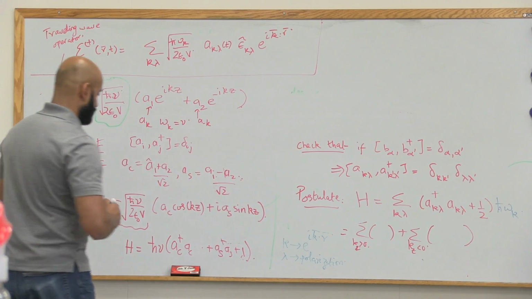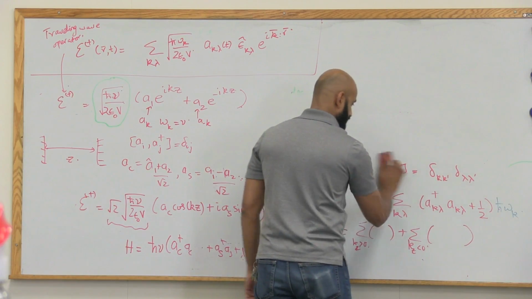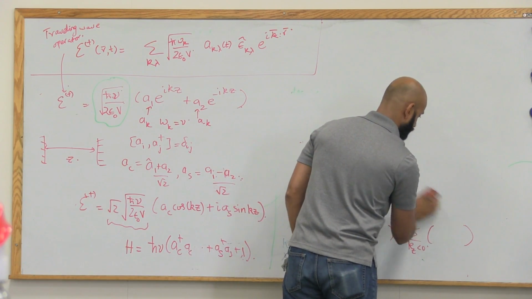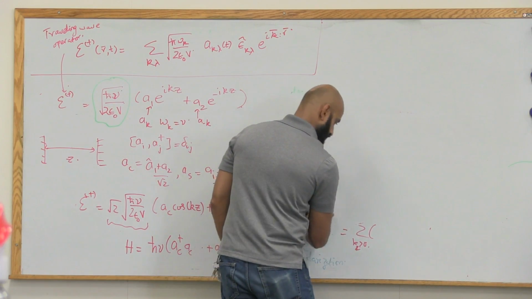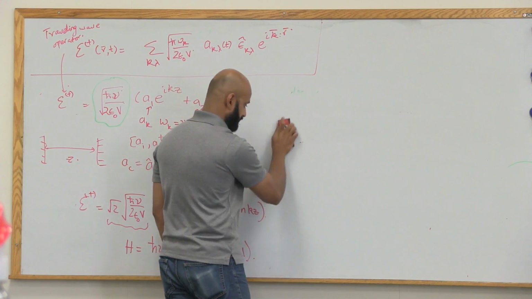Okay, so if we have done all this, now we can ask that interesting question: what is the wave function of a photon? How do I define the wave function of a photon? This is a question that has a very long history.